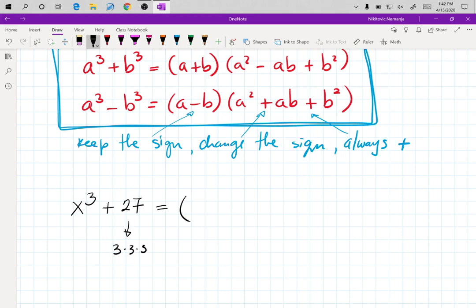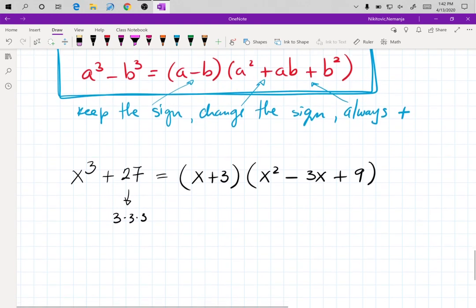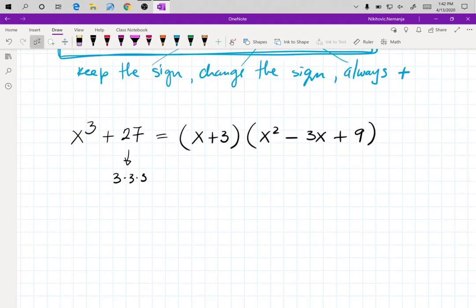So we have x, keep the sign, plus 3. And we have x squared, change the sign. And then we have a times b, that's 3x, plus b squared, which is 3, so 9. Again, this is a little bit harder to deal with, and I will check if this is still the part of elementary algebra.